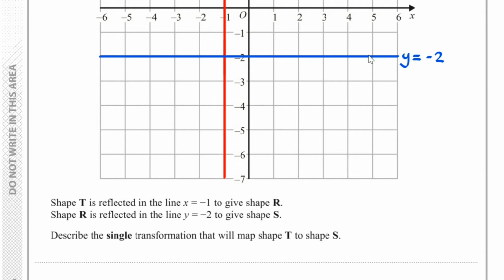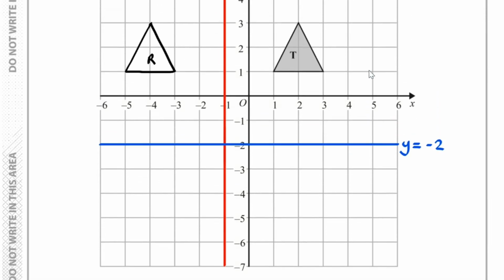So here is the line y equals -2, and if I reflect shape R in the line y equals -2, that means we end up with this shape over here. We'll call it shape S.